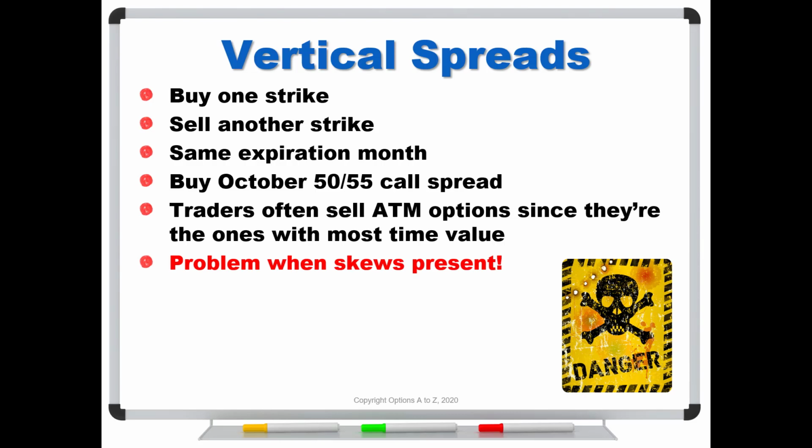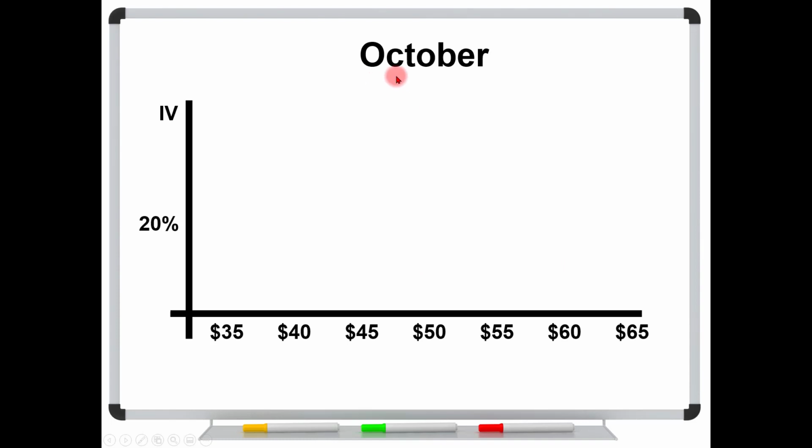So for example, let's say we're looking at October strikes, and these are the 35, 40, and so on up to the 65 for a particular stock. And let's say that the stock is trading for 20% volatility. So this is the actual volatility that we can measure through standard deviation. Well, if that's true, then all of the strikes should also trade at 20%.